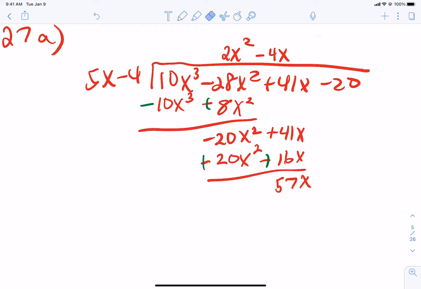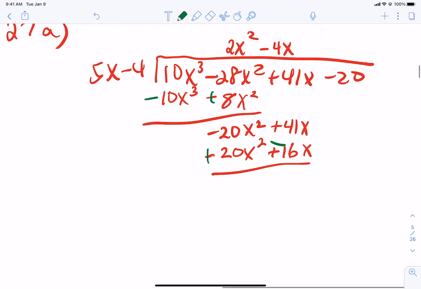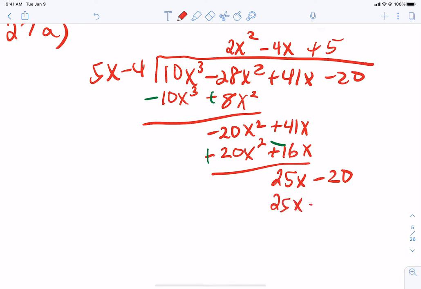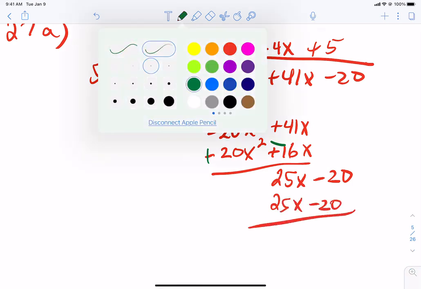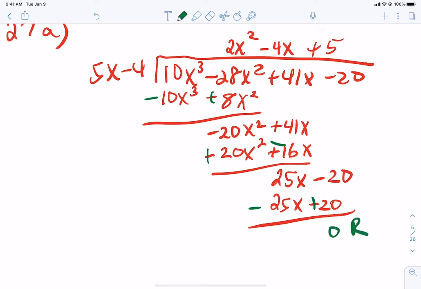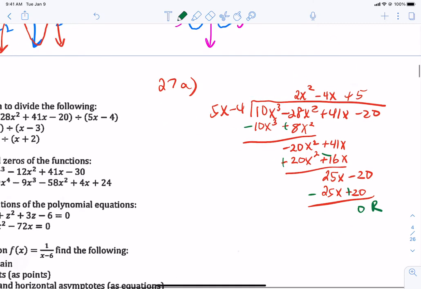I think my signs are messed up. Okay, so negative times a negative would be a positive 16. And then I am subtracting, so that would be a negative. Thank you very much. And then we've got, what, 25? That looks better. Bring down the next one. We're going to multiply by 5. We are subtracting, so we change the signs of both. And there is our remainder. Okay, so there's a long division problem.